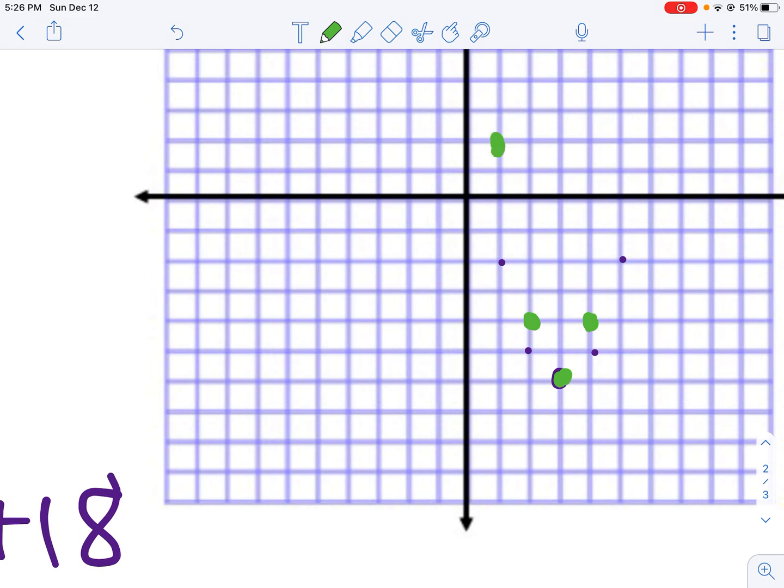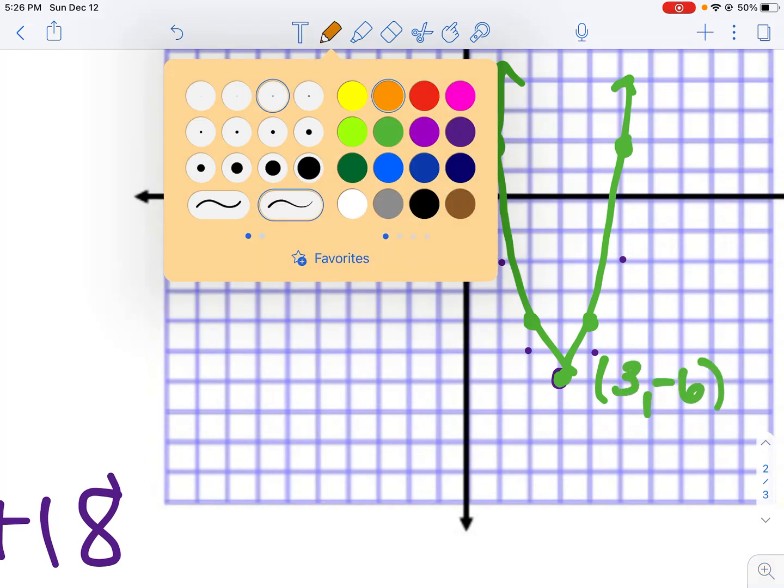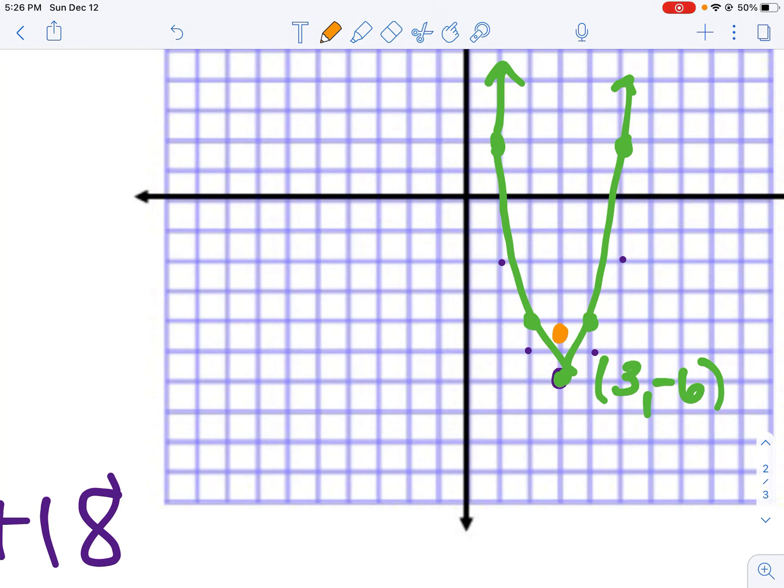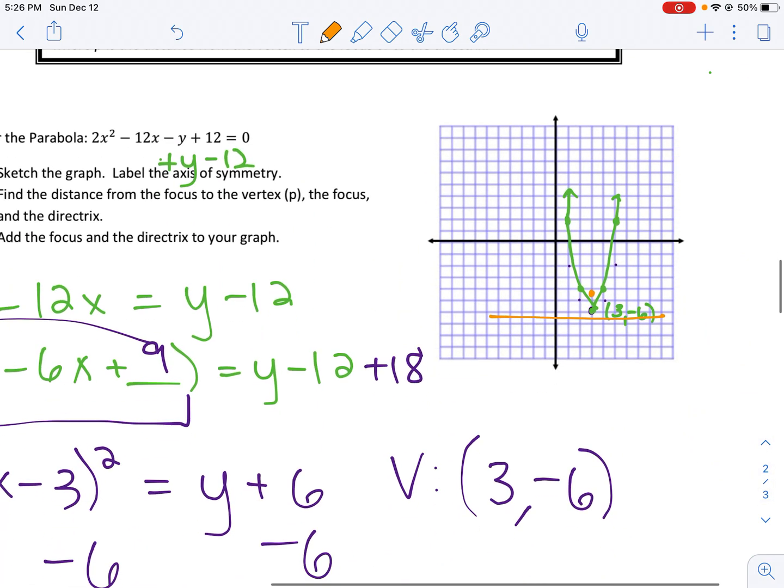I think that's up 1 too many. There we go. Okay, there we go. So this is 3, -6. So that's my vertex. My focus is somewhere in here, and my directrix is somewhere down here. So we're going to find those.